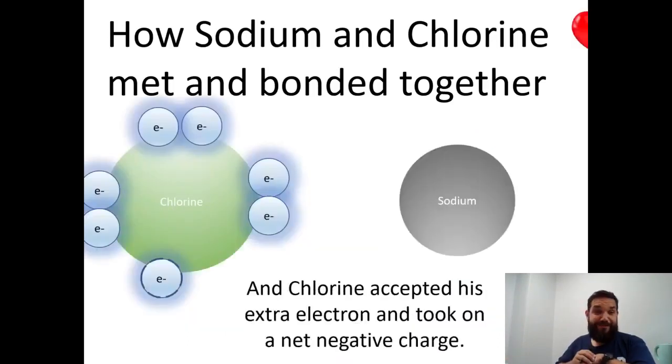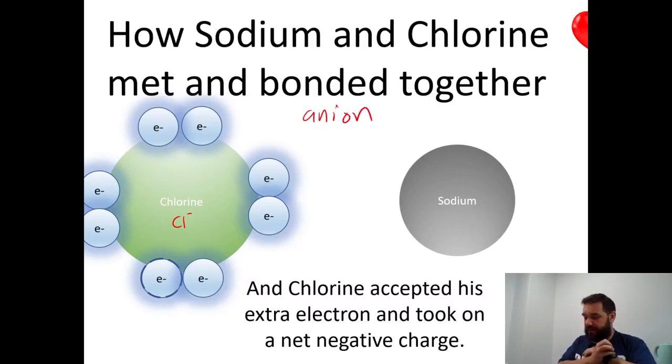Hint, hint, number 8. Chlorine is going to accept that extra electron. It's going to take on a negative charge, right? It's going to become chlorine negative. Now that is called an anion. Spelled right there, hint, hint, number 9.